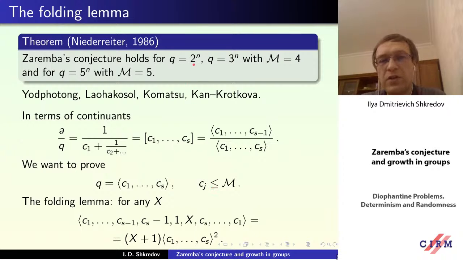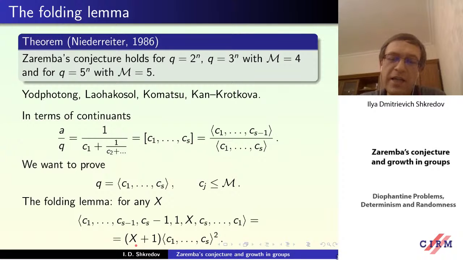If my Q is 2 to the n, say, and I represent some Q as a continuant with a_1, ..., a_s, then by this formula, I can represent the larger continuant. And my new Q will be what? 2 to the n squared, right?